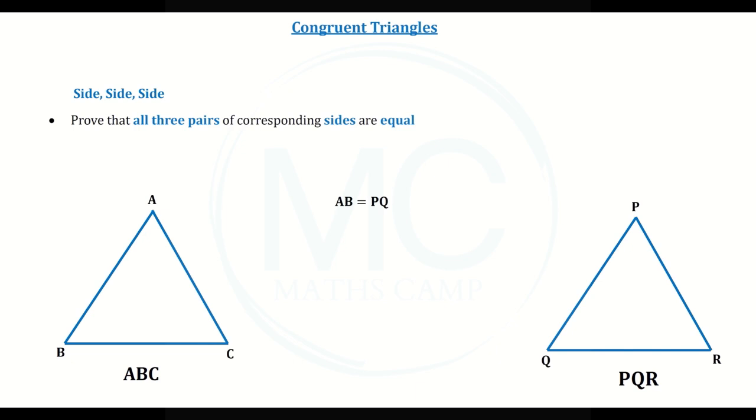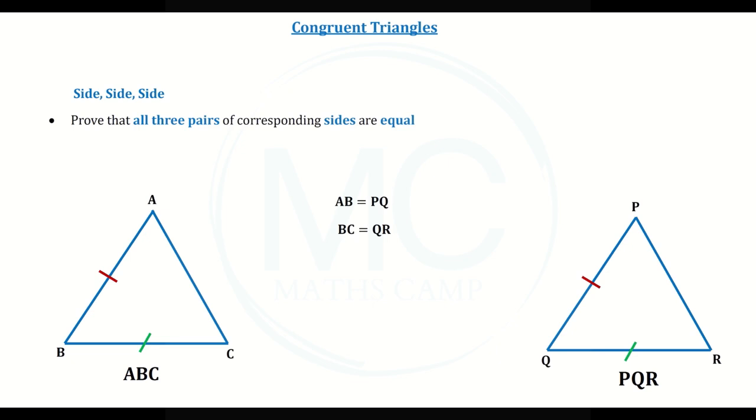Let's mark these sides in our triangles in red. B and C are the second and third letters in ABC. Q and R are the second and third letters in PQR. So BC must be equal to the corresponding side QR. Let's mark these sides on our diagram in green.